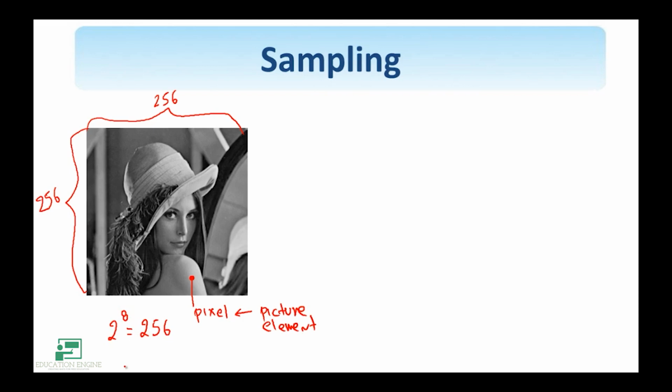Okay? So I'll take this image and I will downsample it by a factor of 8 in both the horizontal and the vertical direction. So out of 8 samples horizontally, I'll keep 1. I'll do the same in the vertical direction, or in other words, if you consider here an 8 by 8 block, I will only keep this value and throw away the rest. So I keep 1 and throw away 63.